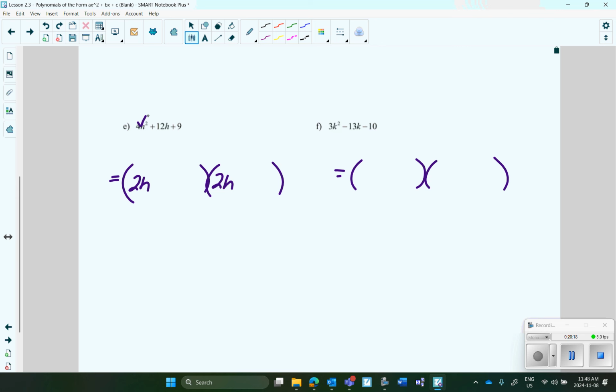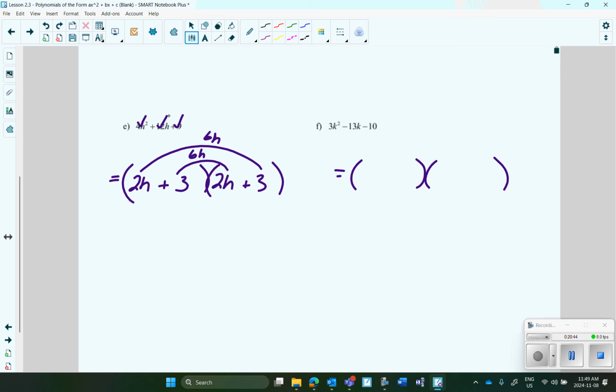Everything's plus, so these got to be plus. 3 and 3 seems to be kind of obvious. So 6h on the outside, 6h after multiplying on the inside, which together make 12h. So 2h plus 3 and 2h plus 3.